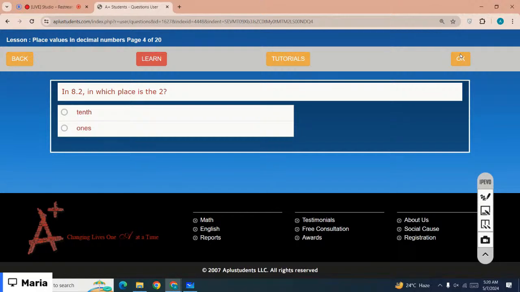In 8.2, in which place is the 2, which is the correct option? Yes, 2 is at the tenths position. The correct option is tenths.